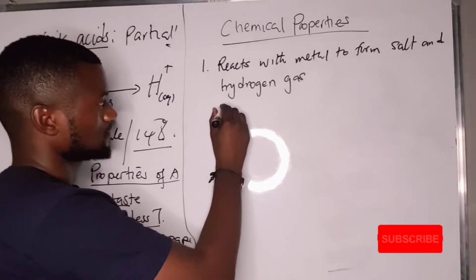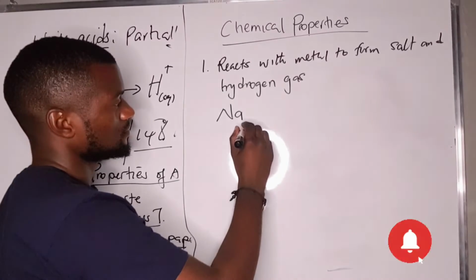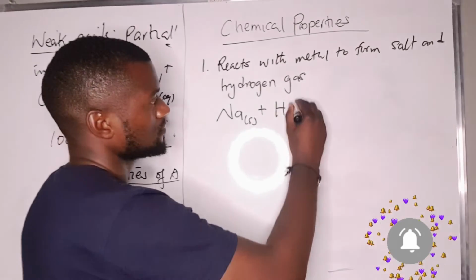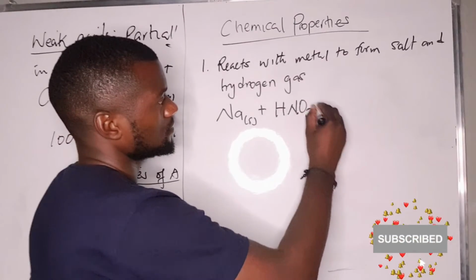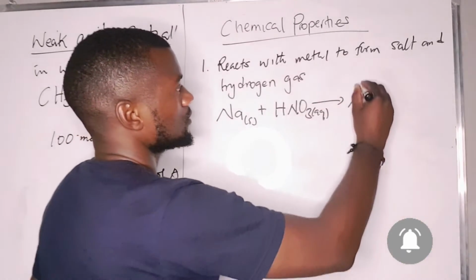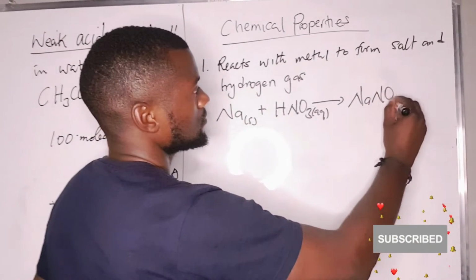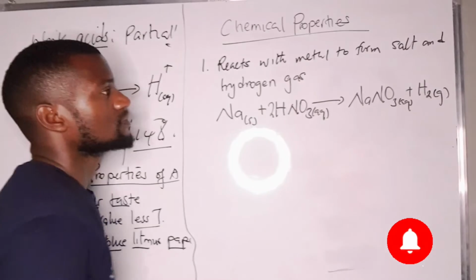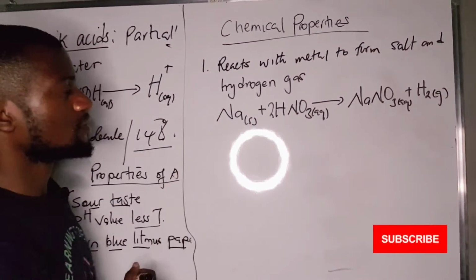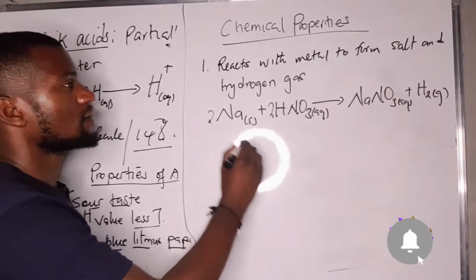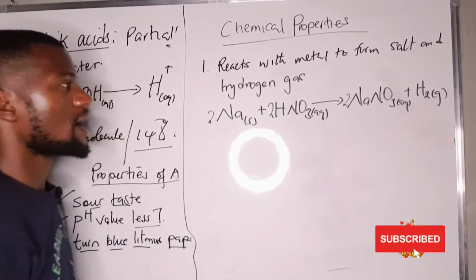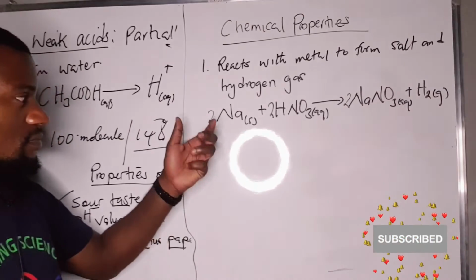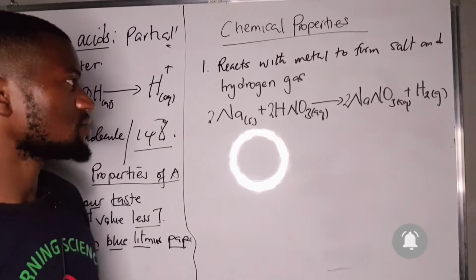If we have sodium reacting with nitric acid, we are going to have sodium nitrate and hydrogen gas. So acids react with metals.